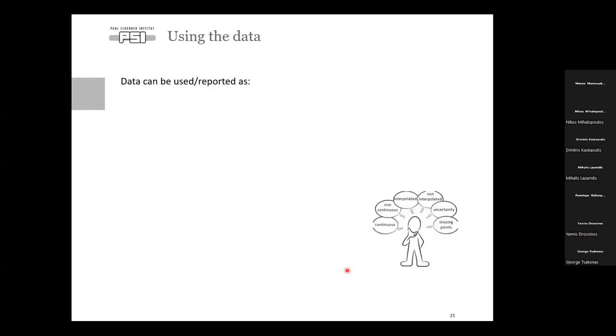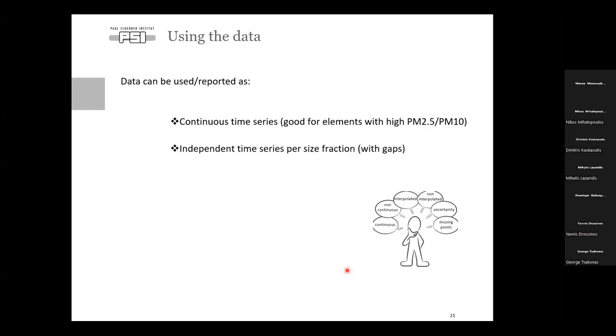So let's say that we do have the ACSM and we do have a changing inlet. The question is how it is best to use the data to get as much information out of them as possible. We could report them as continuous time series, so as a data set that has alternating PM2.5 and PM10 data. Usually that's continuous, but of course the size fraction will be alternating. We can report it as independent time series, PM2.5 and PM10, with gaps of 1 hour, because the sampling is alternating.